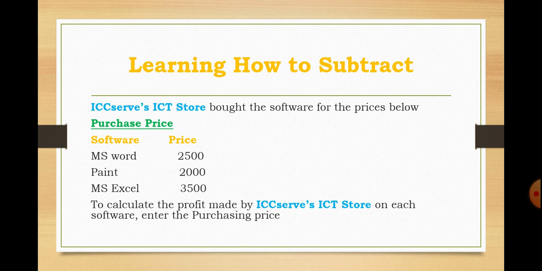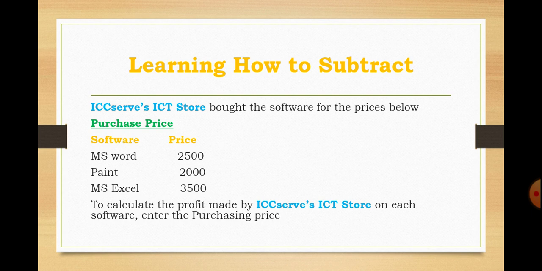Now we have learned how to calculate addition in Microsoft Excel. The next thing is we want to calculate subtraction. How do we subtract in Microsoft Excel? First, I want us to use the profit margin of ICC to learn how to calculate subtraction.